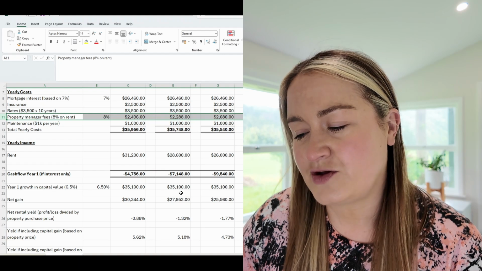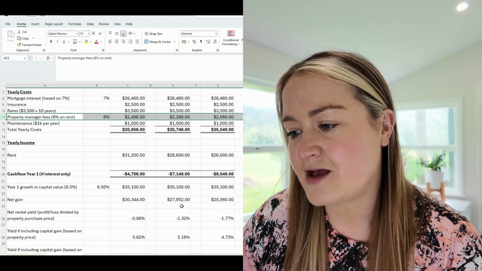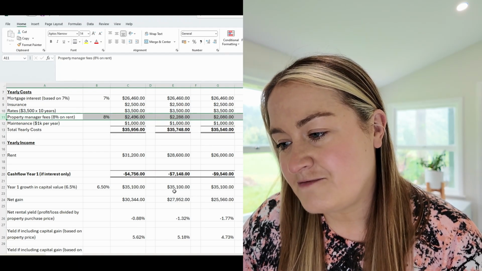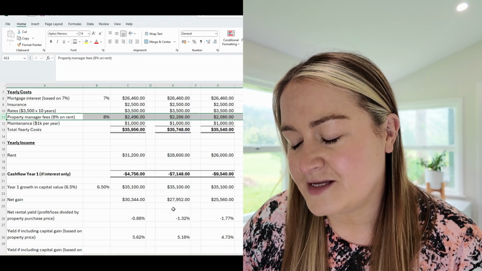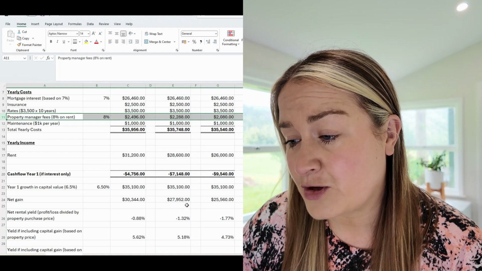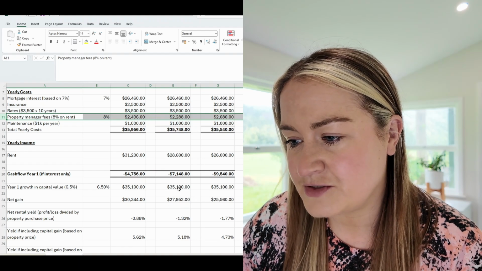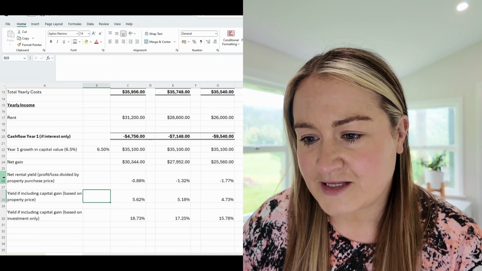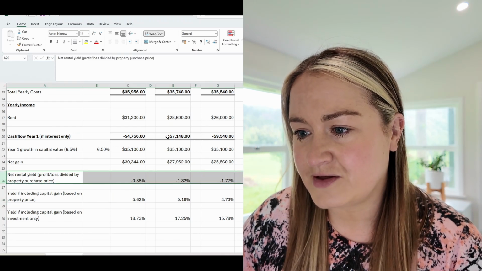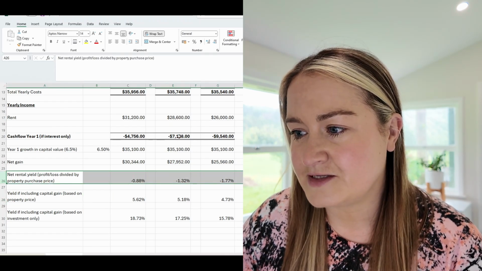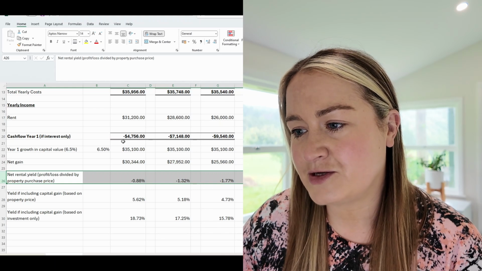In New Zealand, if you hold on to an investment property for longer than 2 years, you do not have to pay any tax on that capital gain. So that is a massive perk of property investing in New Zealand. Down here, I've calculated the net rental yield, which is the profit and loss here divided by the property purchase price.